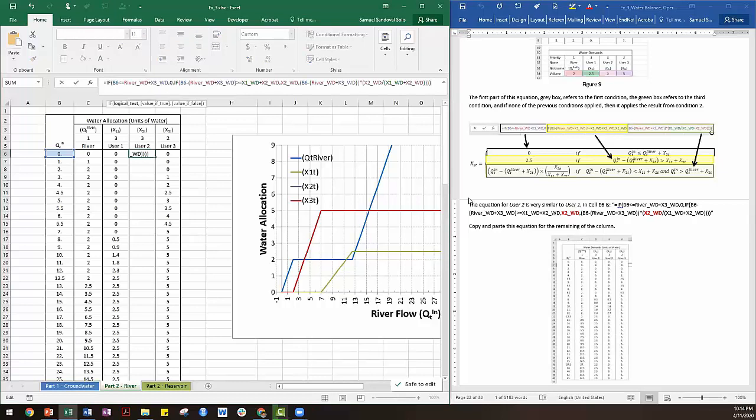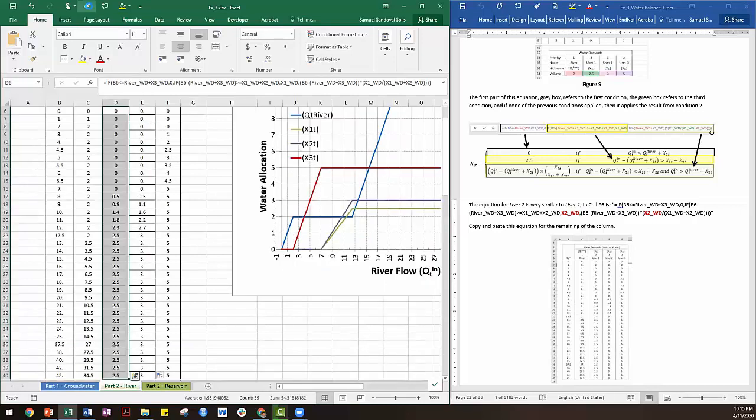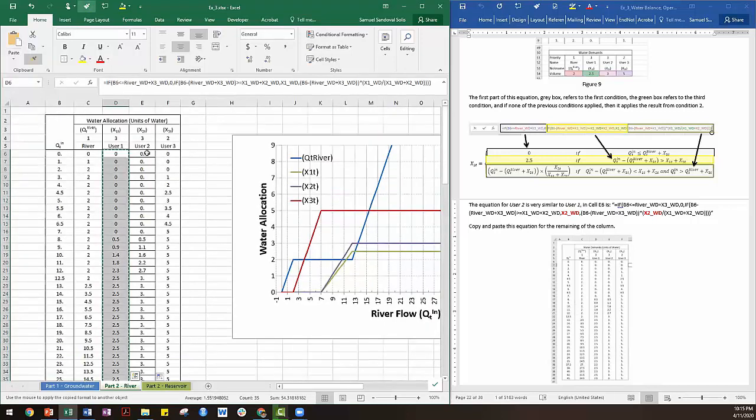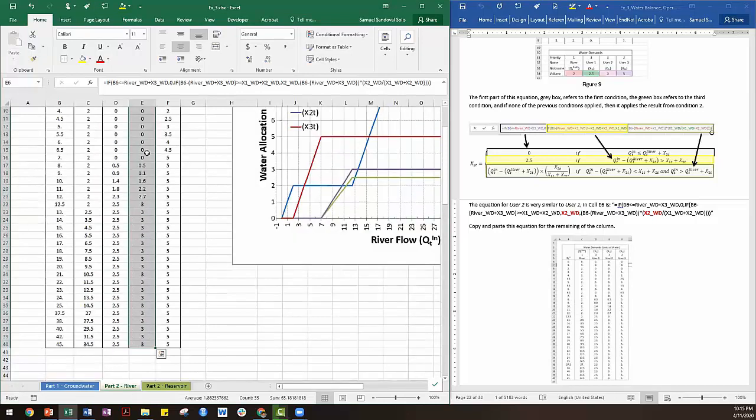And this is exactly the same as the previous one, but what is different here is that it will be x2, as it is mentioned here, and in here is the water demand for x2. So this will be the water demand allocation for x2.